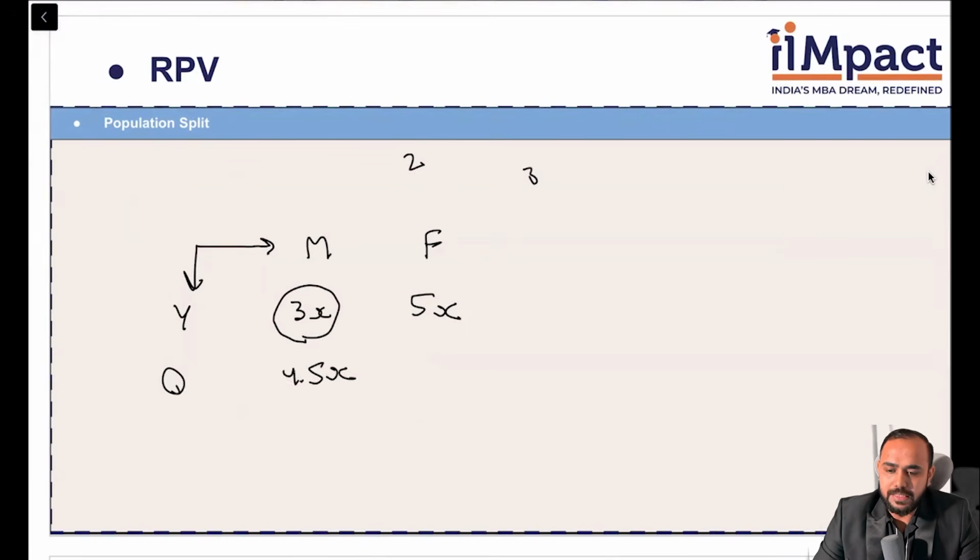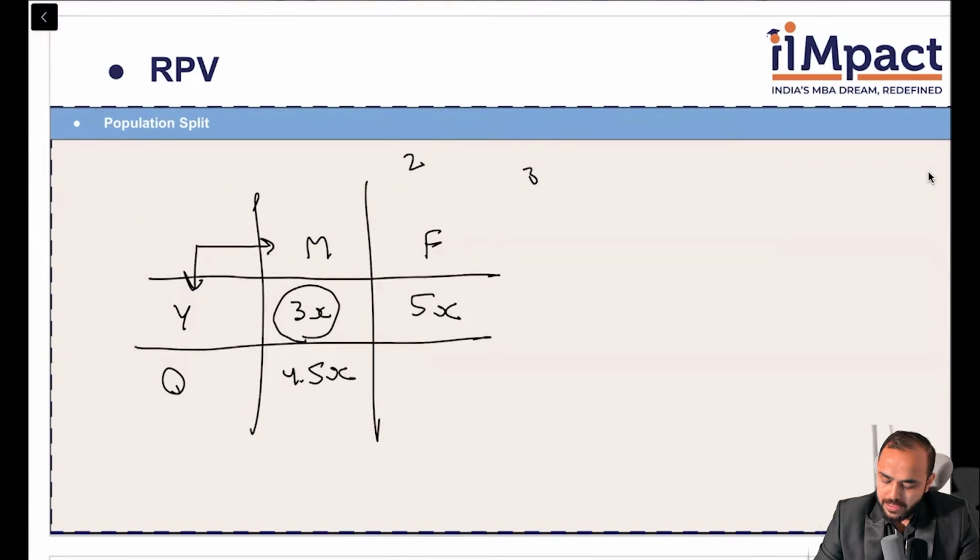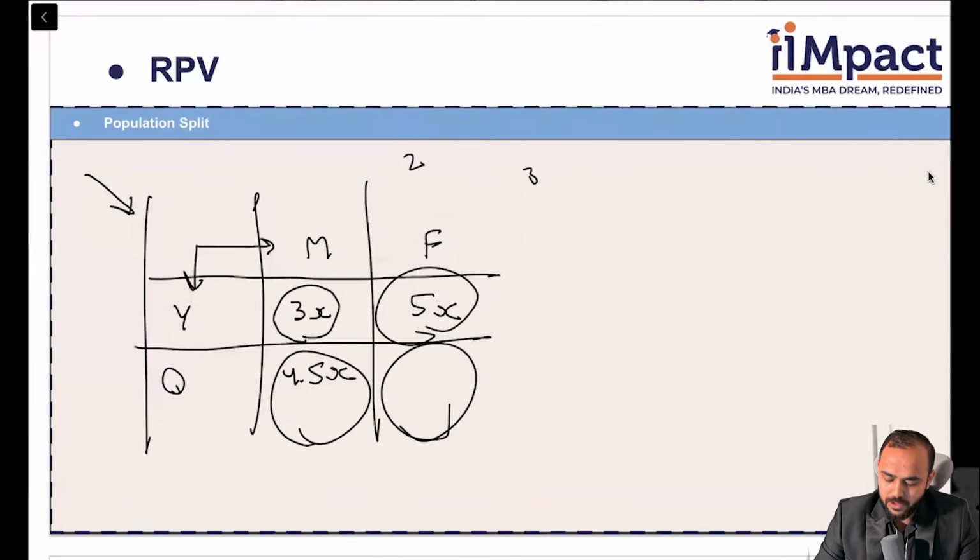So using this, making a table helps organize the data in a very structured way, because when you are describing the population, you will be in a situation where there will be multiple statements, because you have four different intersections of the factors: young males, young females, old males and old females, and you could have data point regarding each of these four intersections.